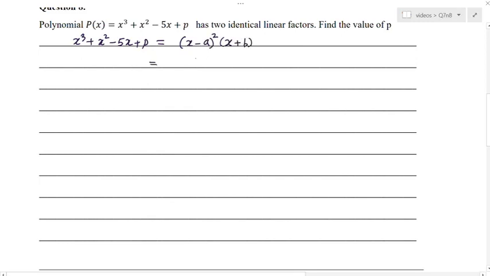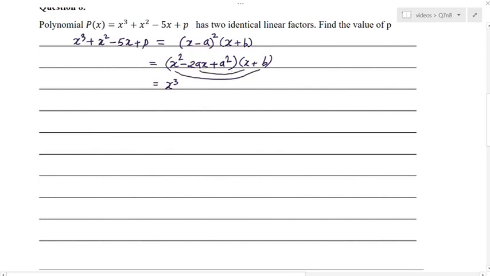I can multiply the factors on the right hand side: x squared minus 2ax plus a squared, times x plus b, and then I multiply them. The first term is x cubed. How do I get x squared? I get x squared by taking these two and these two.